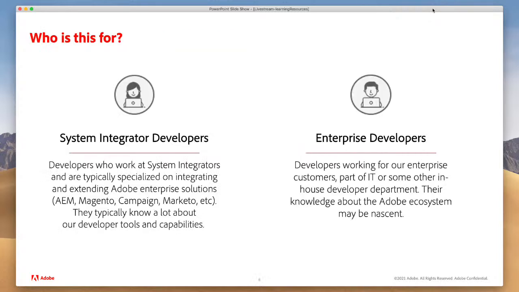Good. So, and to whom do we produce that for? Our main target group is you here on the call, I hope, like system integrator developers or enterprise developers, right? People who work with system integrators or developers who actually work for our enterprise customers. Of course, we also develop for our consulting people, and help them, but this is our main target group, right?